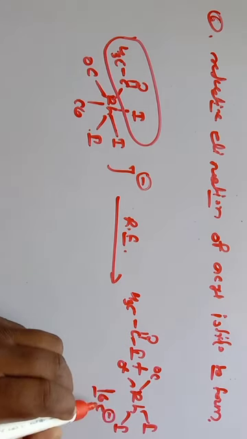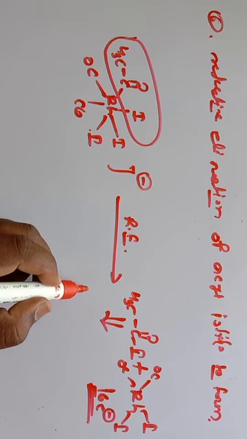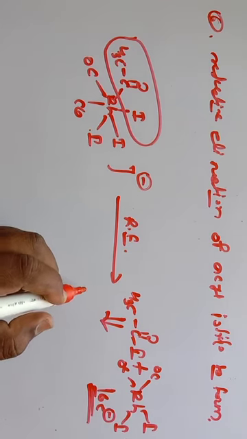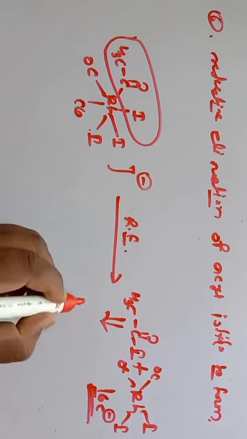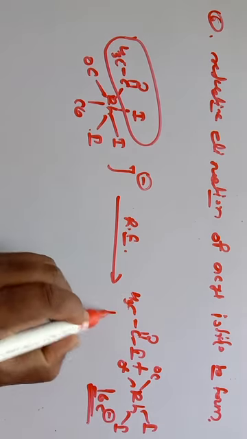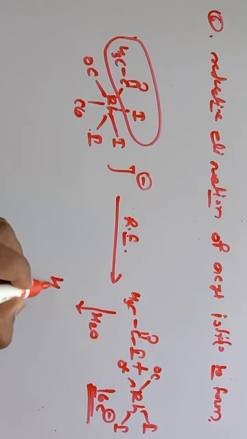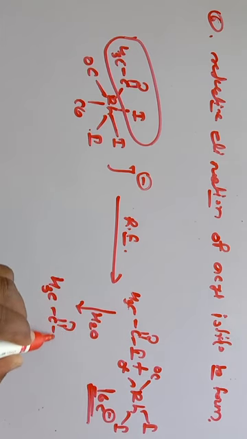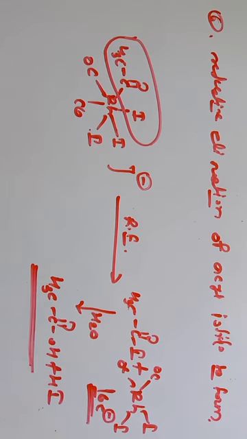This is your active catalyst, and we get acyl iodide. Finally, this acyl iodide undergoes a hydrolysis reaction to give acetic acid plus hydrogen iodide, and this is the product.